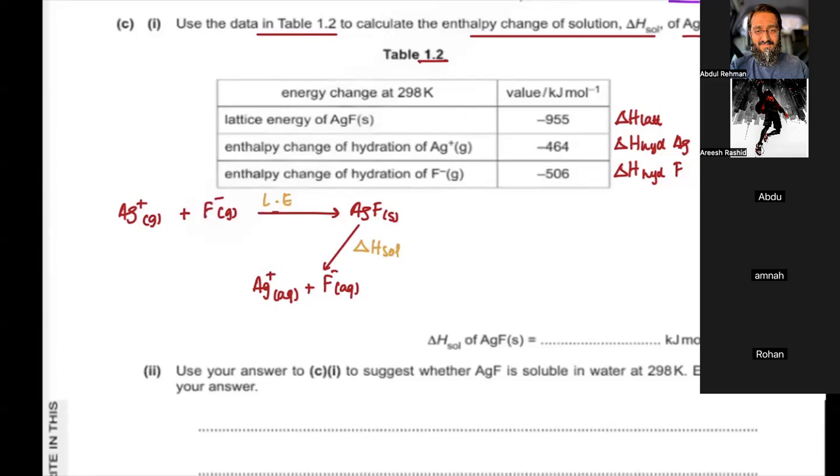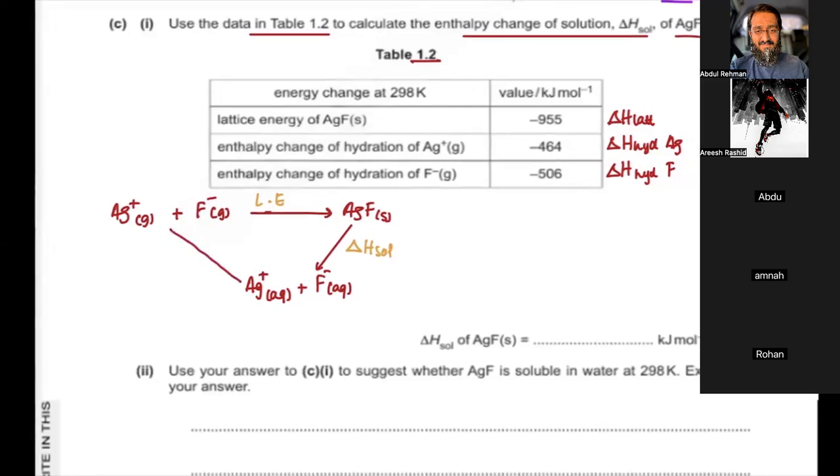And when each ion individually dissolves from its gaseous state to the aqueous state, this is the enthalpy change of hydration of silver ion plus enthalpy change of hydration of fluoride ion.